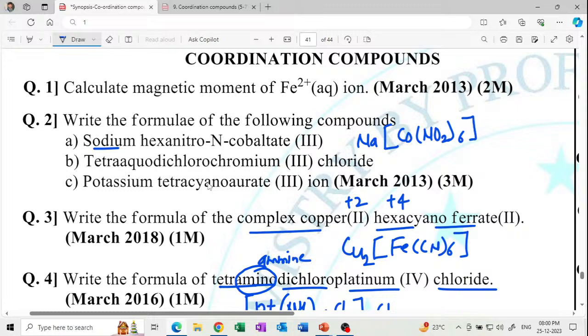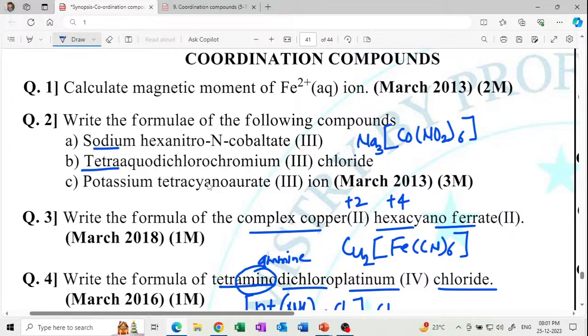Then how to balance the cobalt oxidation state? So this is nitro as a -6, so this is the Na3, get it, so this is the Na3[Co(NO2)6]. N stands for nitrogen through bonding, nitrogen. O stands for oxygen through bonding.